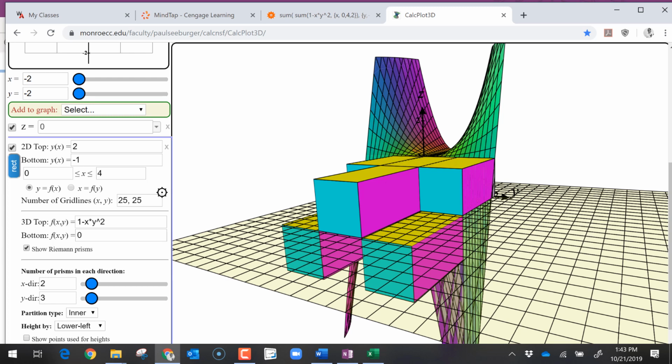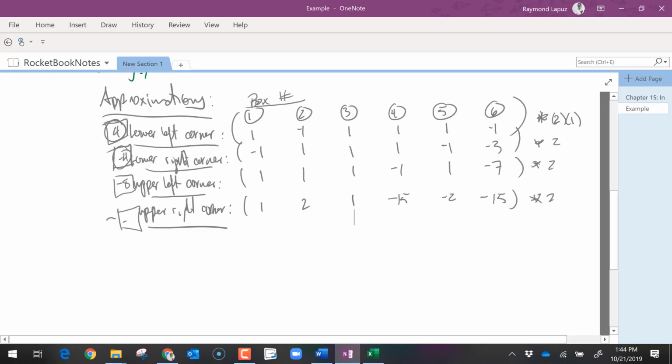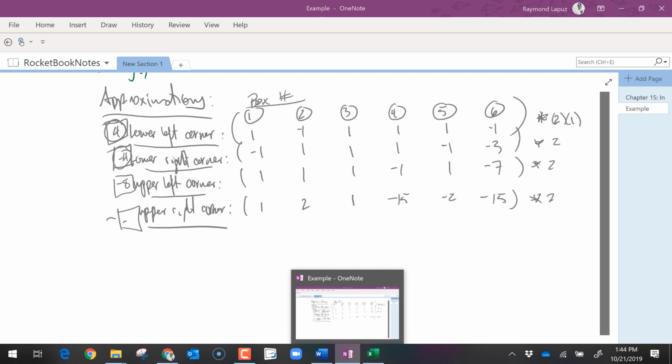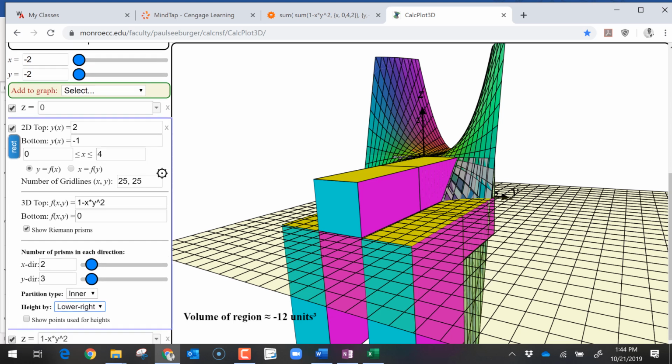Now, if we choose the lower right, we got negative, did we get negative 12? Well, let's check. I think we got negative 4. I don't know if we did this right. I don't know if I did this right. Partition type, outer.